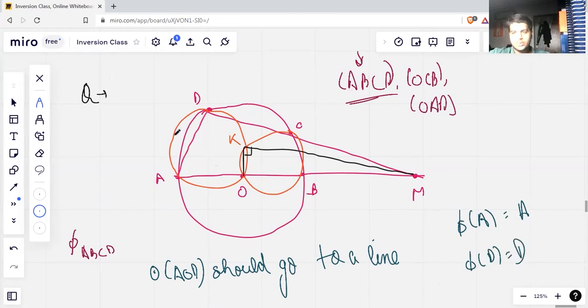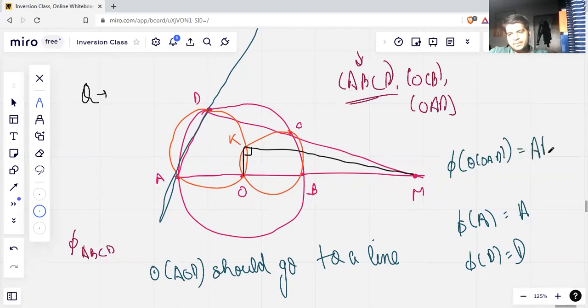And this circle goes to a line. We know 2 points lying on that line. Can we just draw the line? Here. This is the line. So this means phi of circle OAD is just the line AD. Similarly, you can get that phi of circle OBC is BC.